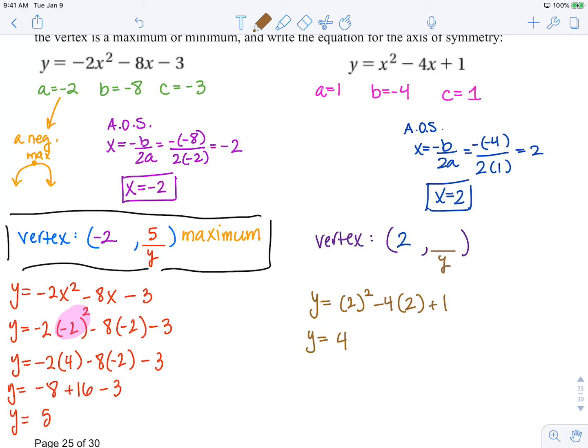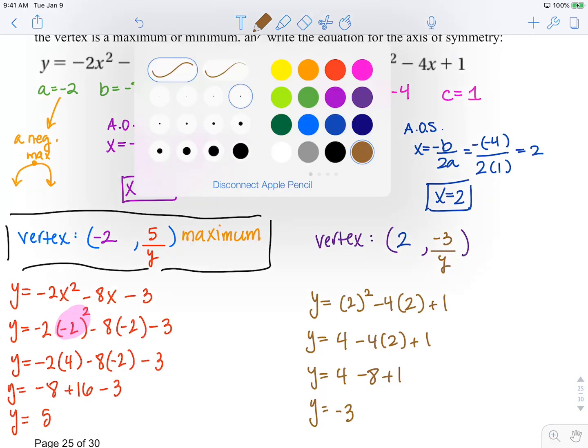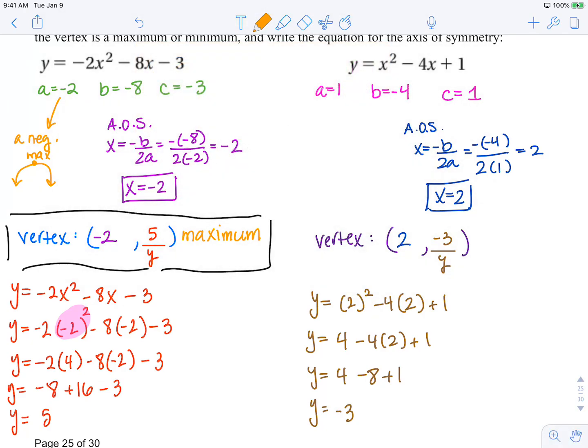Squaring, we get 4 minus 4 times 2 plus 1. Multiplying, y equals 4 minus 8 plus 1. Adding and subtracting from left to right, 4 minus 8 is -4, plus 1 is -3. So our vertex is at y equals -3.